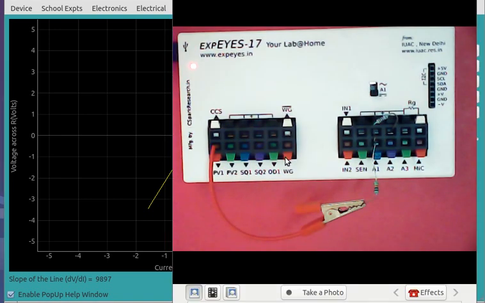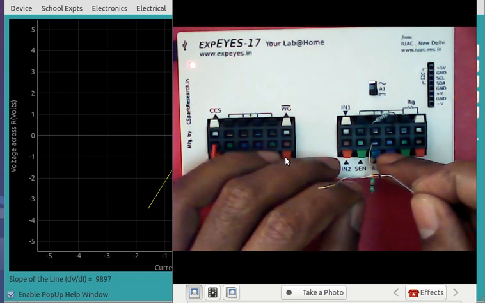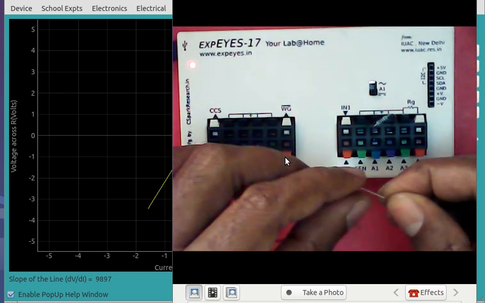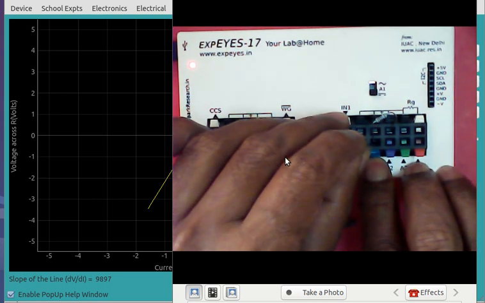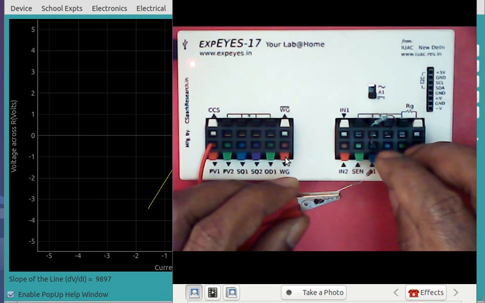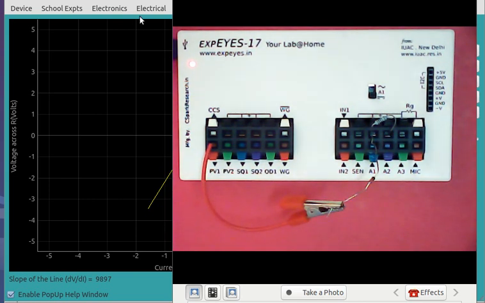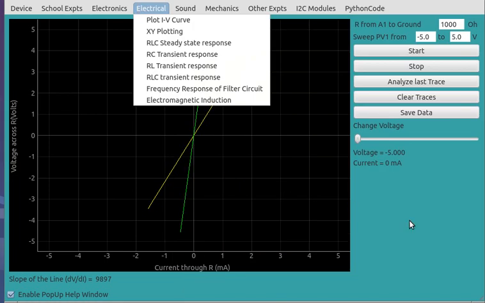Now we can try one more thing. Instead of the resistance, let us put a diode and see what happens. We will put a diode here and try to plot the voltage versus current.